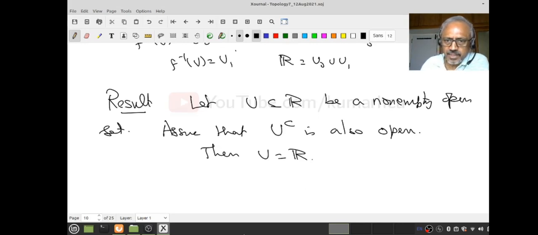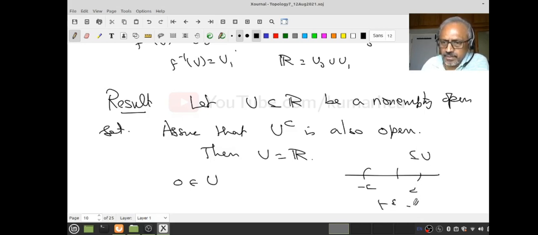How did I prove that? Let's assume, without loss of generality, U0 belongs to U, then I have minus epsilon to plus epsilon contained in U. Then we wanted to say this is contained in U, and similarly minus infinity to epsilon is contained in U. That's the proof we gave.